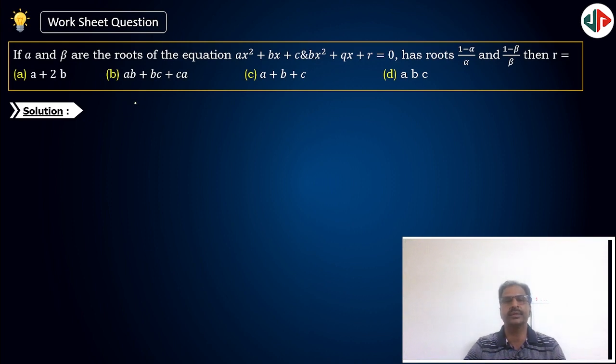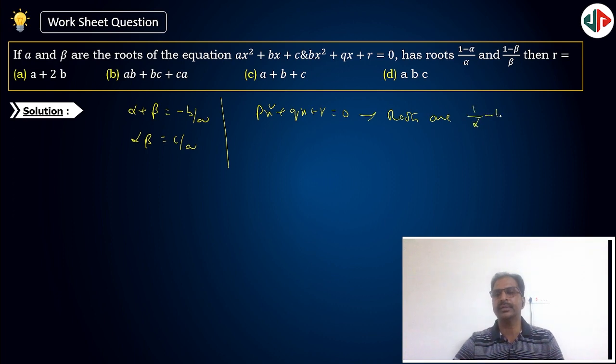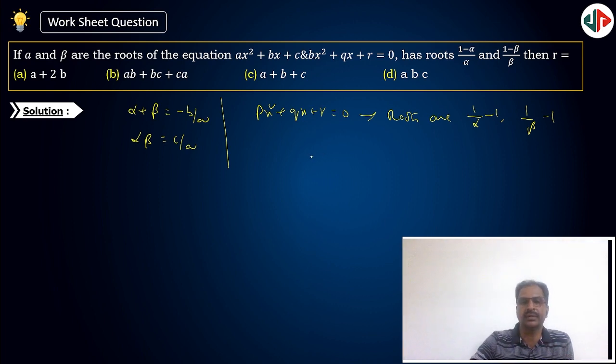Next, alpha and beta are the roots of ax square plus bx plus c equal to 0. And there is a small correction. The second quadratic equation is px square, not b. For this equation, the roots are 1 by alpha minus 1 and 1 by beta minus 1. Then what is the value of r? That is the question. Let us say the first quadratic equation is denoted with f of x. So what are the roots of f of x equal to 0?